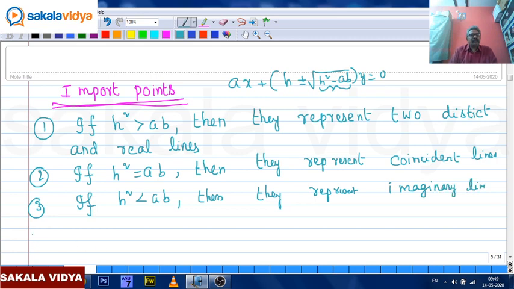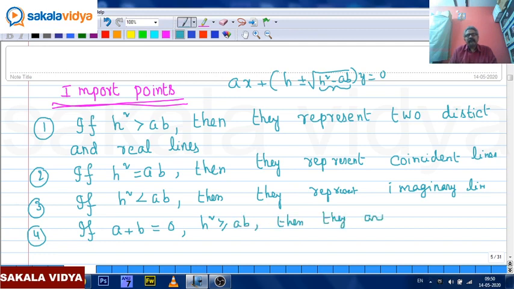And fourth point: suppose a plus b equals to 0 and h square greater than or equal to ab, then they are perpendicular lines.